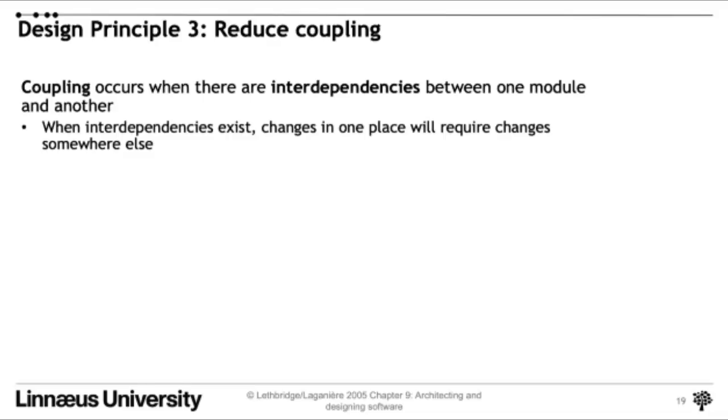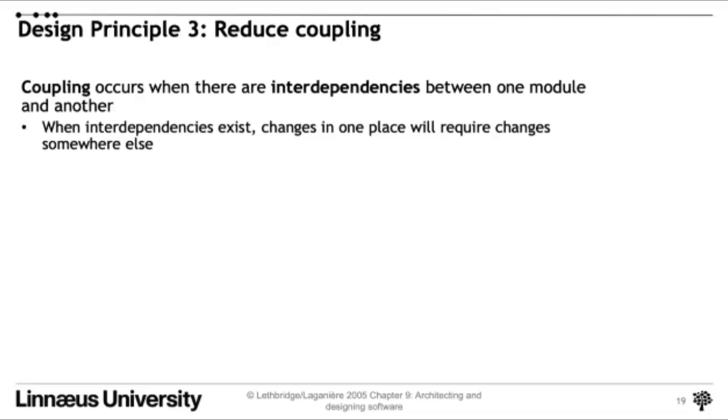For example, you have two classes, and class A is using some methods from class B. Whenever you change the method in class B, you also need to change class A, because otherwise you cannot compile your code anymore. Well, this is coupling.